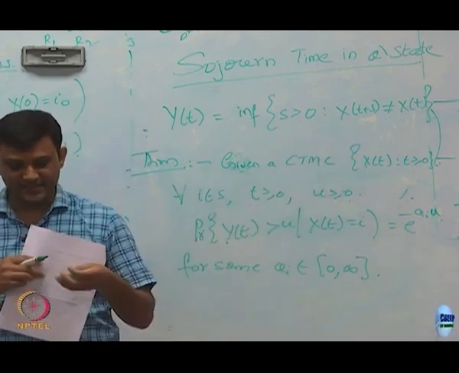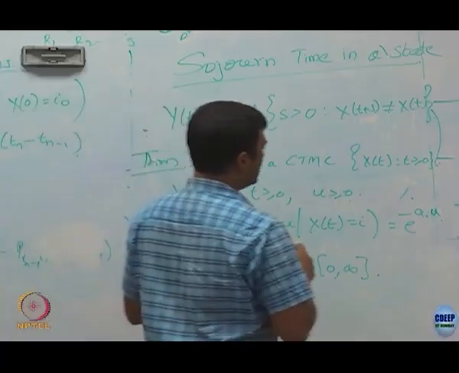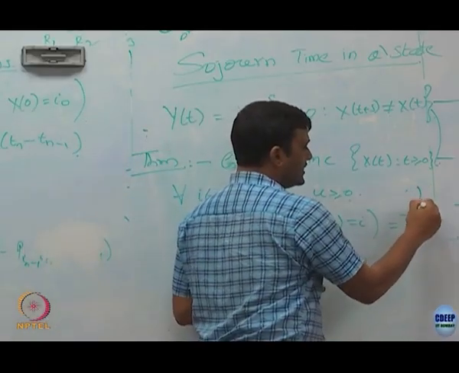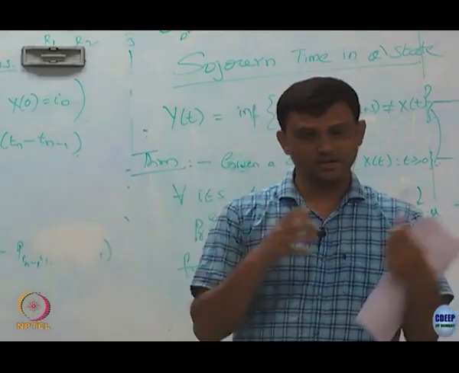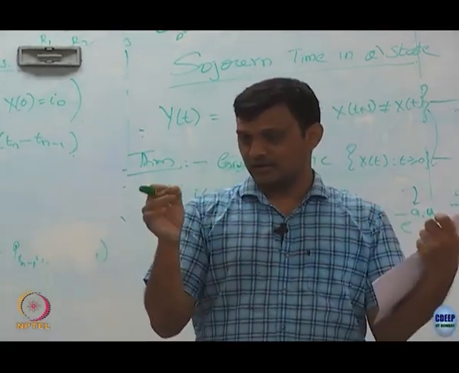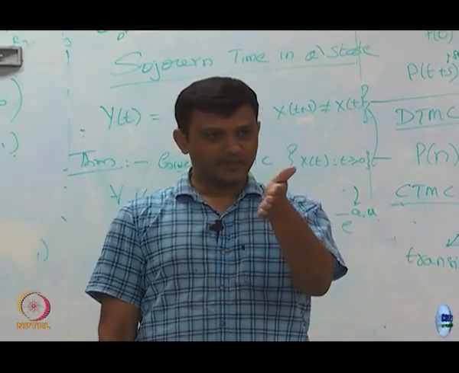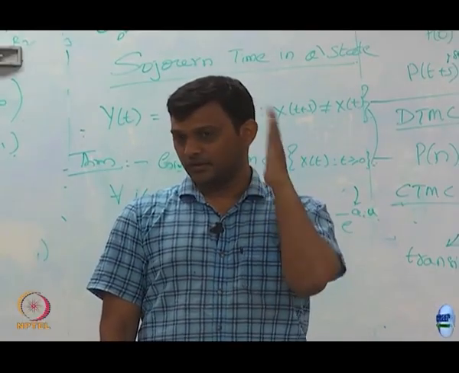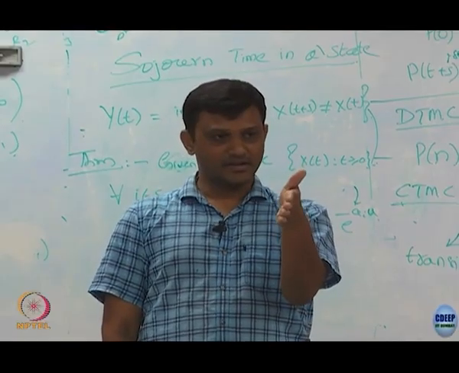So if you realize that, these a_i's, let's say for every i we have these a_i's. Once you know what your state space is, for all i's you know the a_i's. And let's say at an arbitrary time t, you realize that you are in a particular state i.